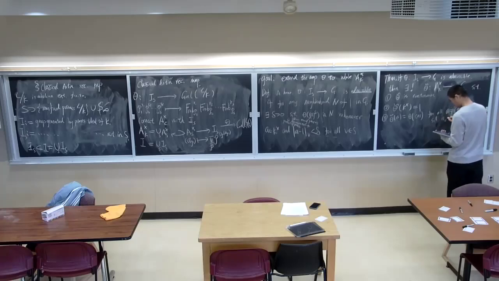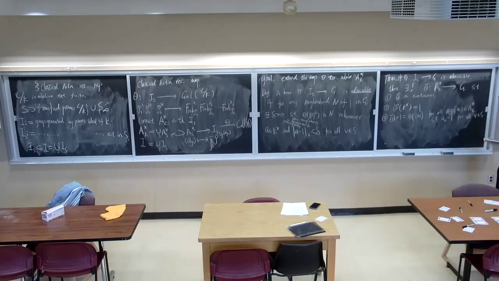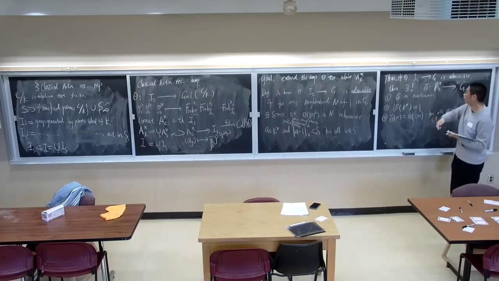So if you have an admissible map, then there exists a unique extended map.